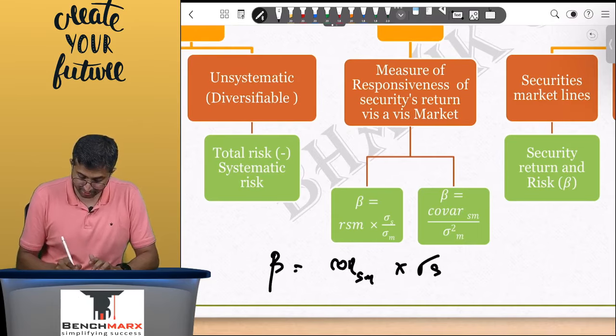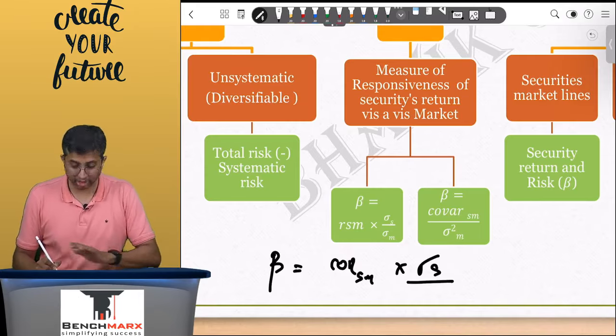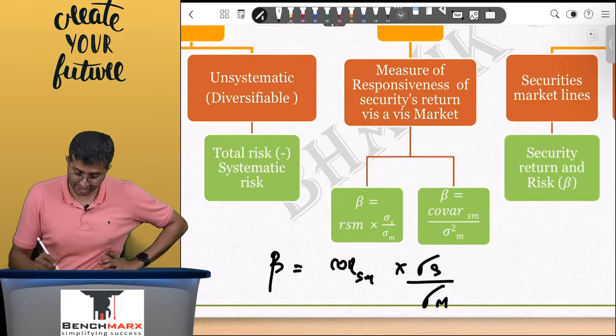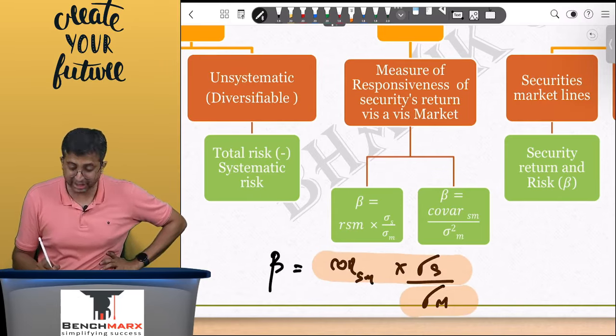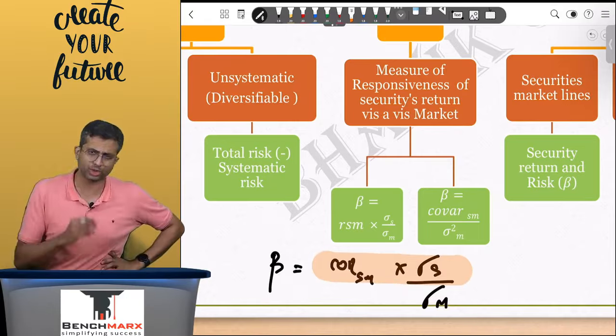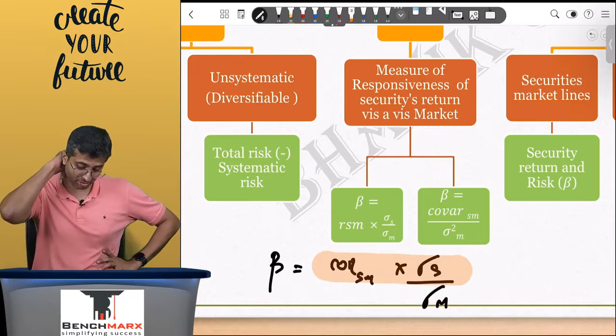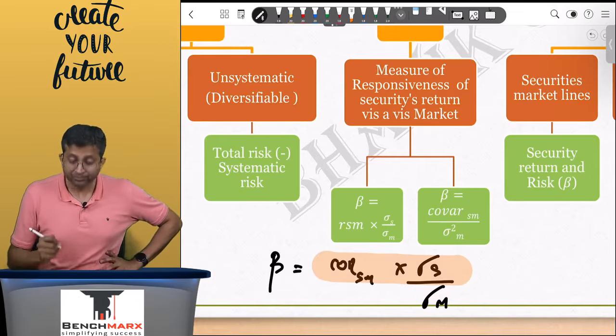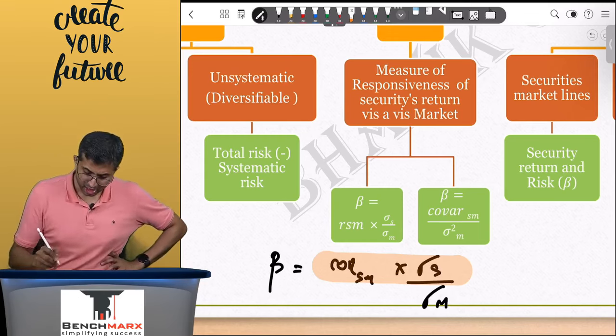This is the numerator of beta upon standard deviation of M. I'm saying that this is the risk of your security relative to that of the market. Denominator means the market risk, but numerator means the risk of your security. In fact, once you multiply the correlation, the numerator becomes the systematic risk of your security, and hence this should give you the systematic risk.